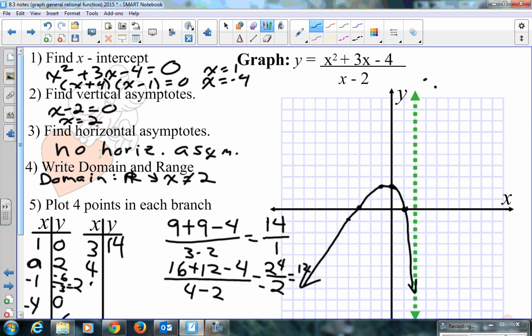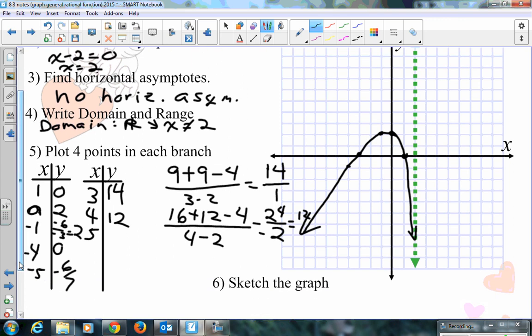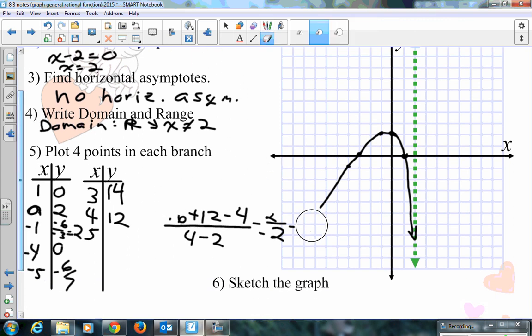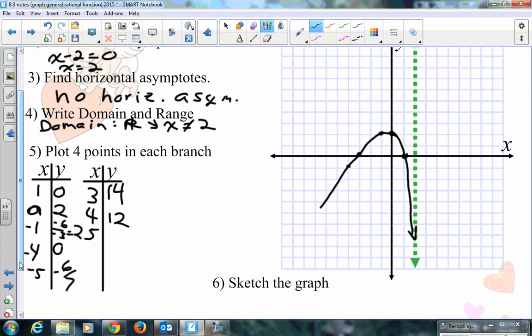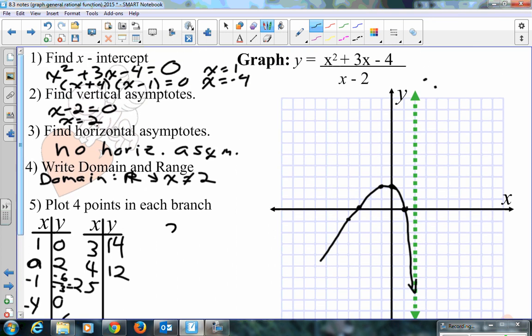Let's go 5. The pattern that I had before, it looks to me like maybe it'll be 14 again, so let's try that. So I get 25 plus 3 times 5 is 15 minus 4 over 5 minus 2.